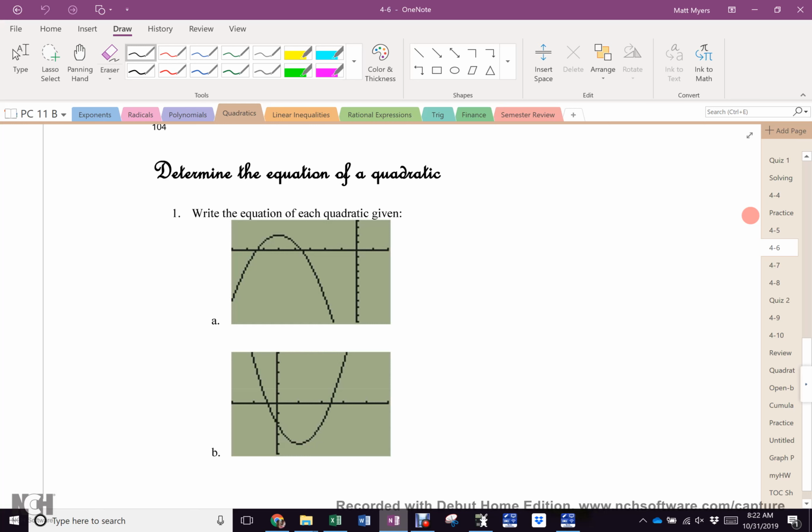Pardon me? The vertex. What would you say the vertex is? -5, 2. Everybody agrees? All right, now, there's other forms, but the form that we know is the vertex form, yes? If you don't remember it, you look back on the page right before, and the vertex form is this.